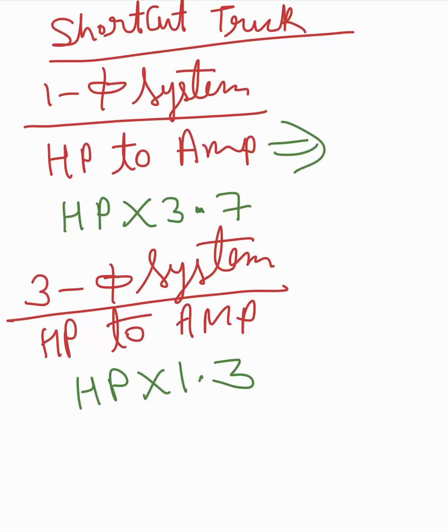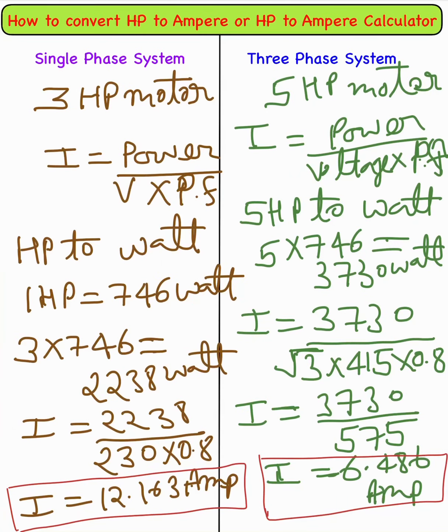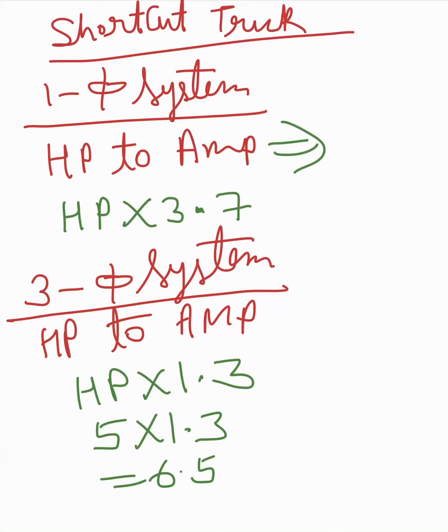Here we take a 5 HP motor for the three phase system, so multiply 5 into 1.3, that is 6.5. In the previous case the I value is 6.4, which is approximately equal to 6.5, and through the shortcut trick the value is the same, 6.5.